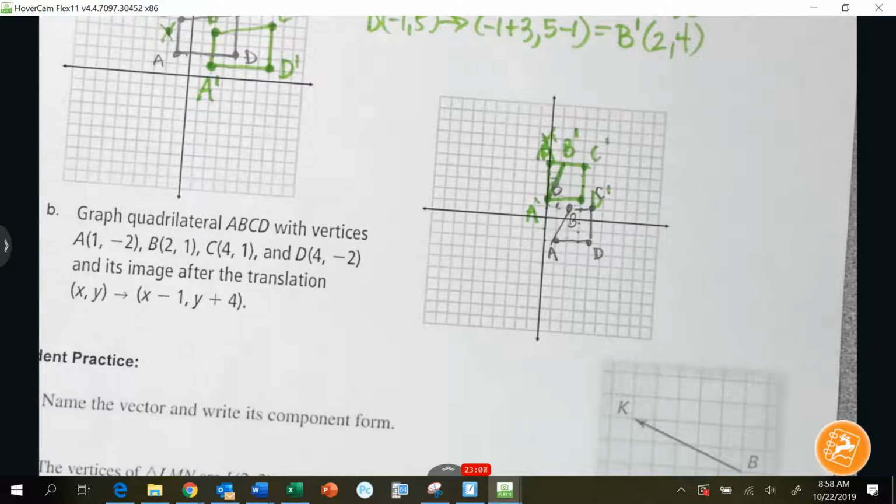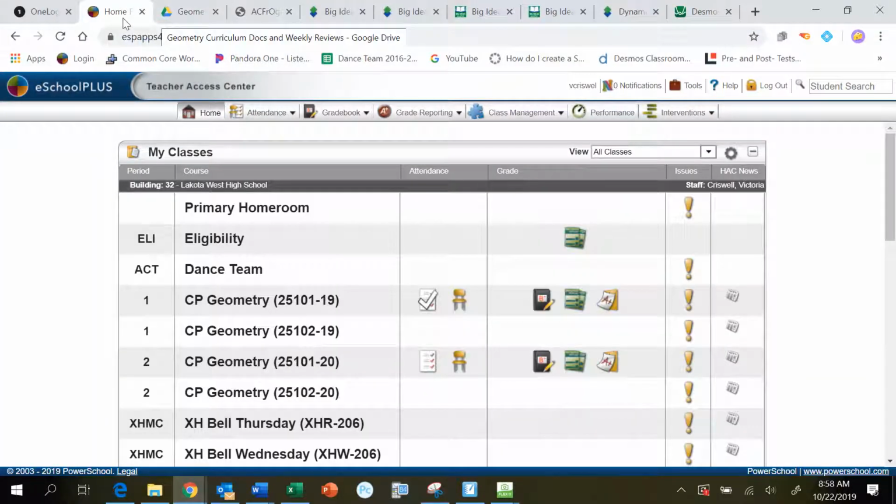Okay, some of you still have your computers out, some of you do not. I want to show you where your assignment is. Tonight your assignment is on Big Ideas Online. Your assignment is not on paper. So I can't log in as a student to show you. I can kind of show you what it looks like from my side, but it's different.